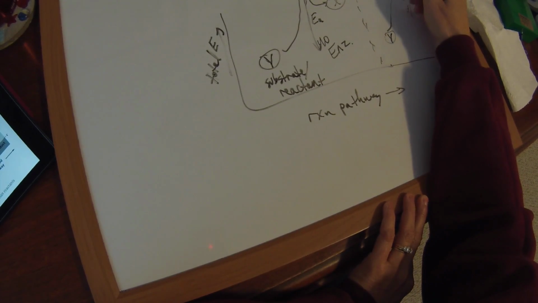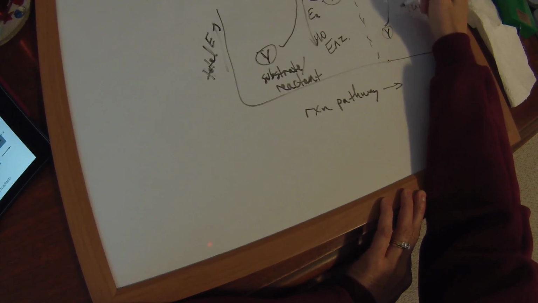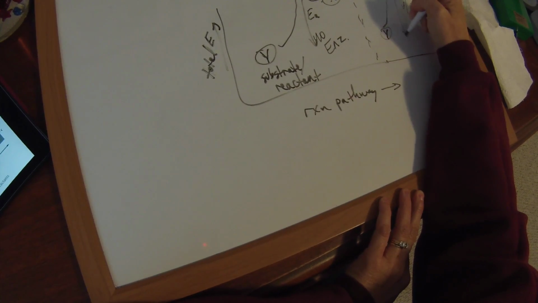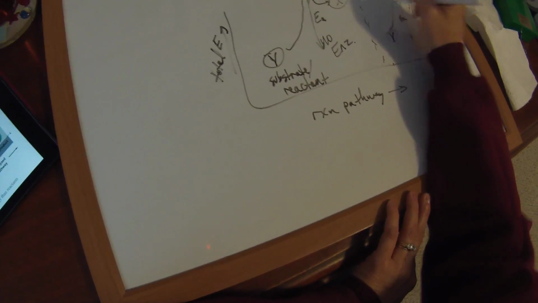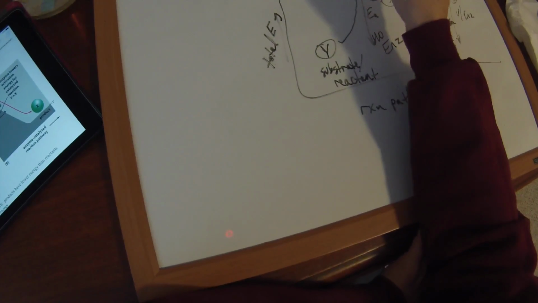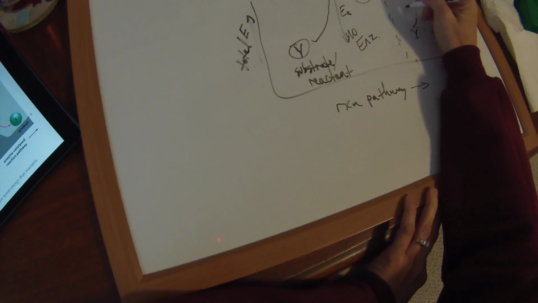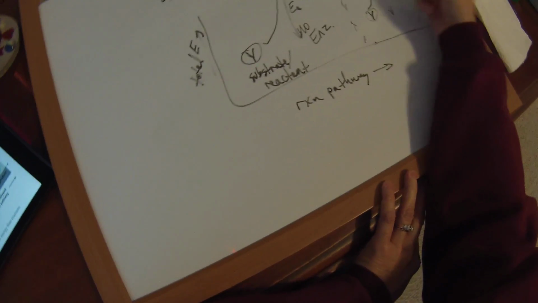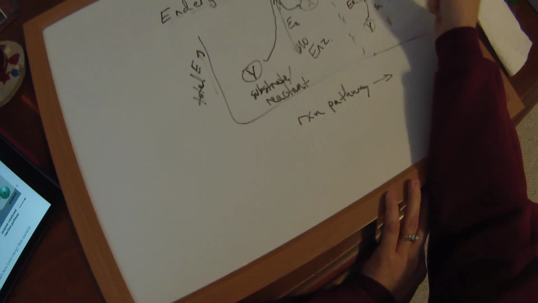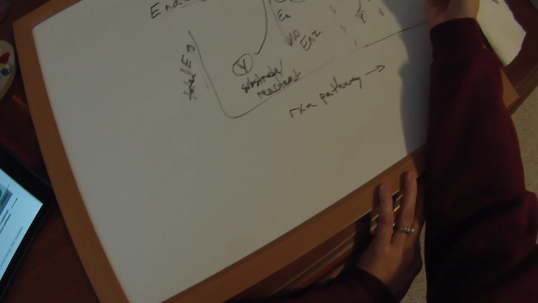We're still going to go to Y. I'm sorry, we're still going to go to X, but we will lower the activation energy enough that we can make this happen. Now, this is endergonic, so energy has to be input into the system to make this process go. So sometimes this energy comes from light, sometimes it comes from ATP.